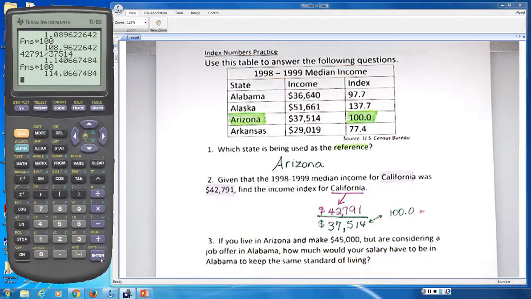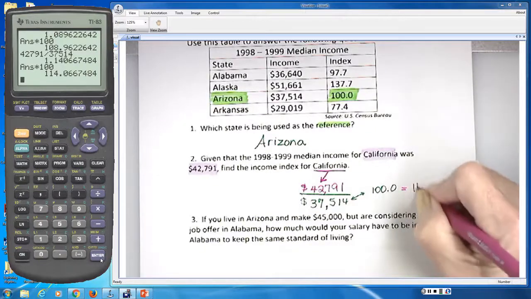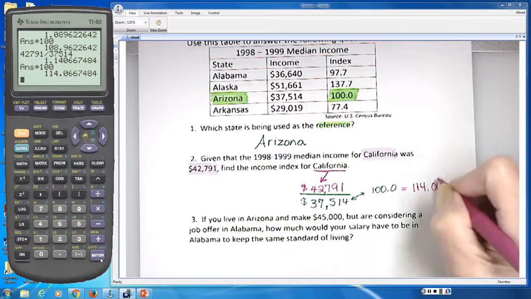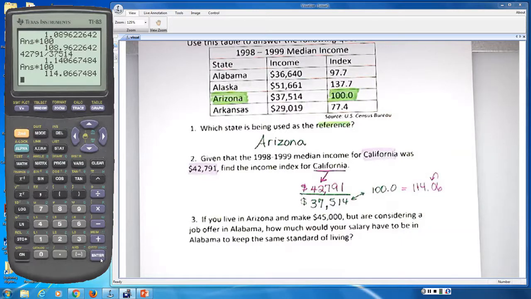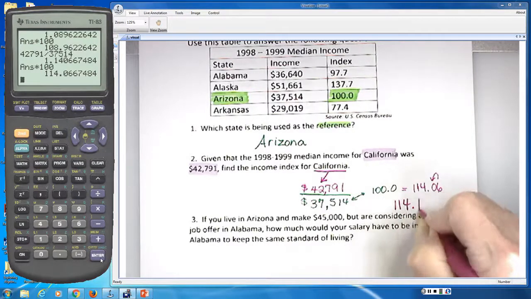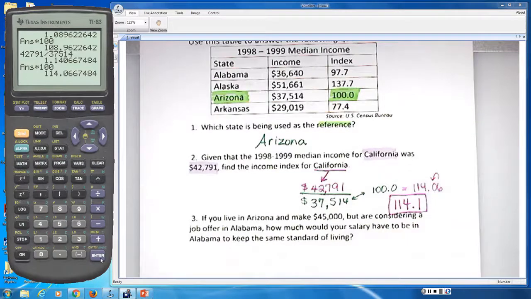And it is 114.06, which rounded to one decimal place is going to be 114.1. So the income index for California would be 114.1. Okay?